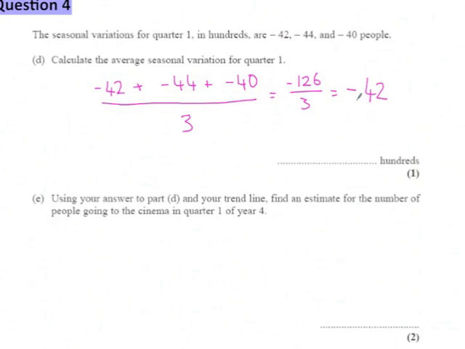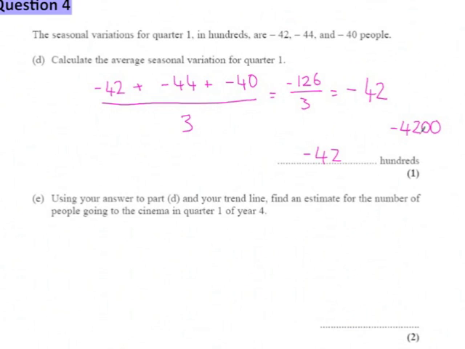It's really important, you must keep the negatives here. Here we have hundreds on the line there, or indeed you can write it out as here, 4200. So -4,200, negative, really important.